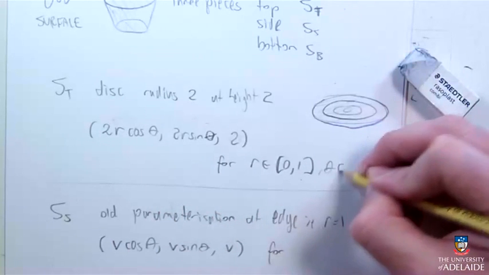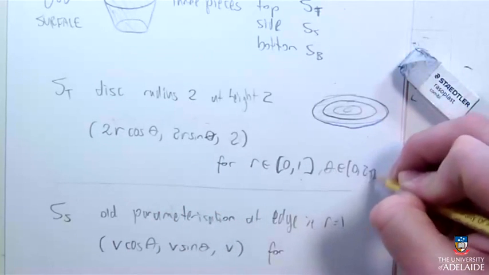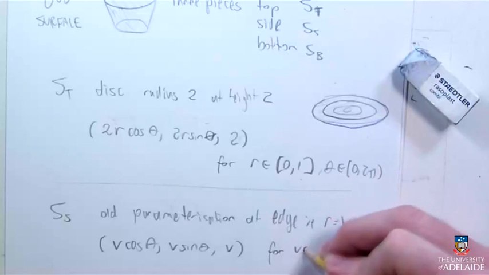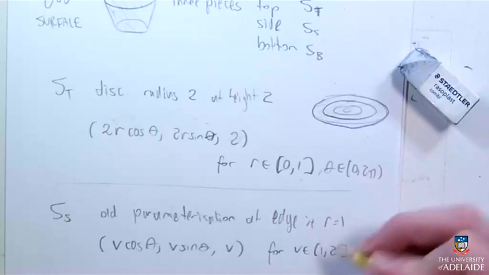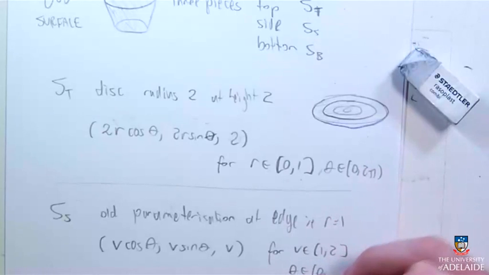I did have a theta before, didn't I? So v is in [1, 2], and theta is in [0, 2 pi].